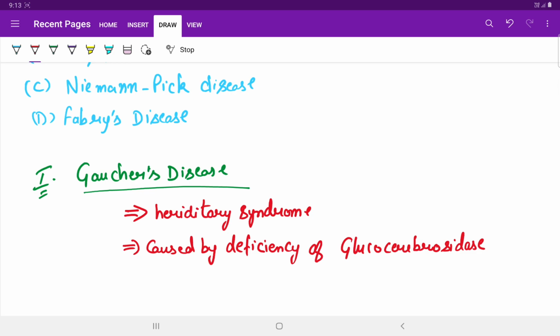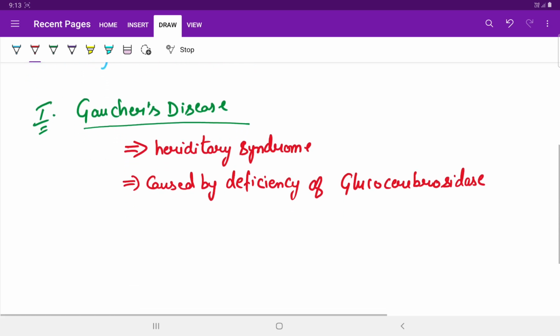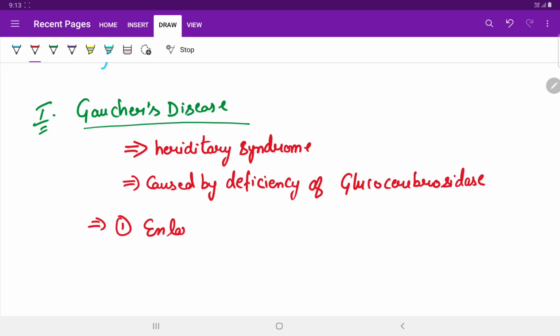This disease leads to an enlarged liver. Now, what are the symptoms of this? Symptoms are, number 1, it is causing enlargement of liver and spleen also. Brownish pigmentation of skin.